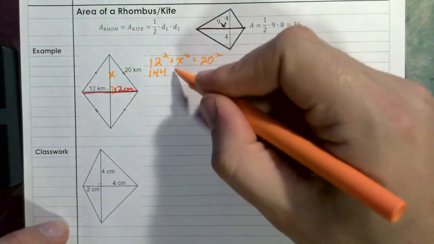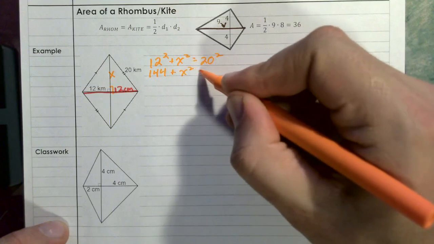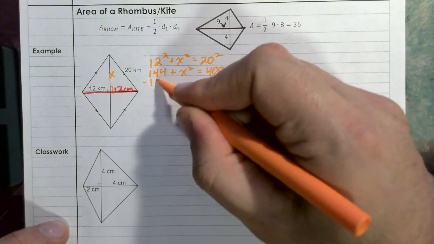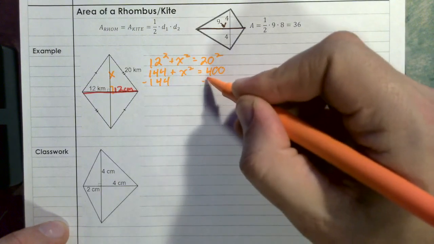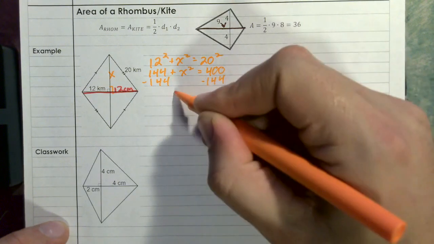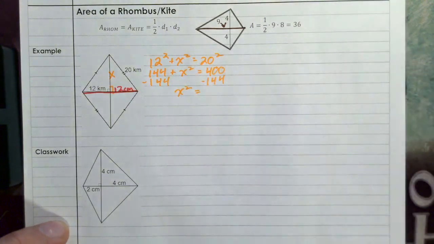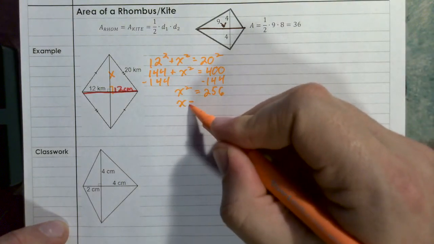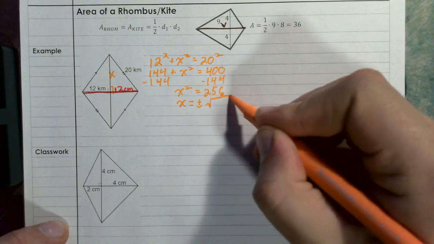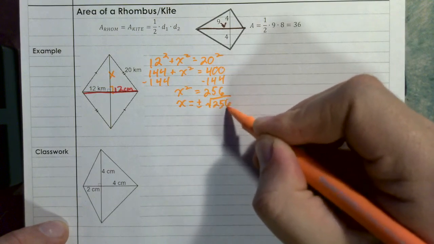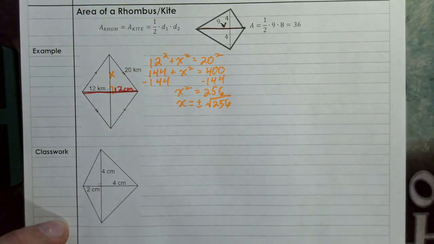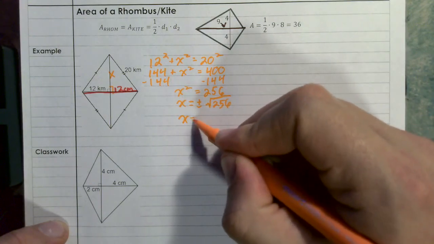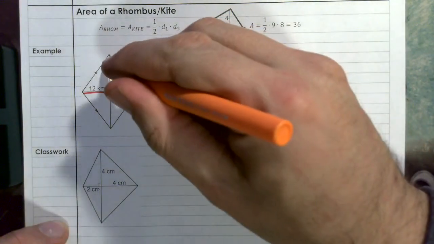So 144 plus x squared equals 20 squared, which is 400. Subtract 144 from both sides. X squared equals 256. So that means x equals plus or minus the square root of 256, which I'm pretty sure is 16. Yeah. So x has got to equal 16 because I just want that positive case.